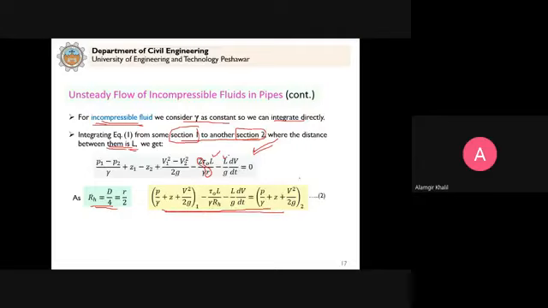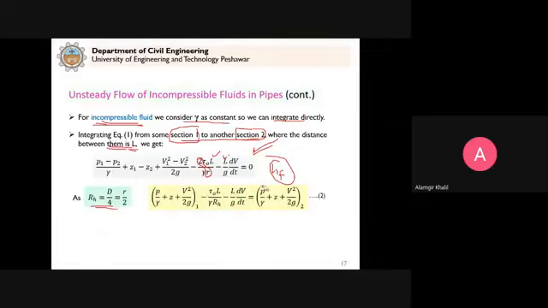If you remember the Darcy-Weisbach formula, if I ignore this term here, this is what we get when we derive the Darcy-Weisbach formula. Then we find out that this term is essentially equal to your hf. And this is how we bring in the major head loss.